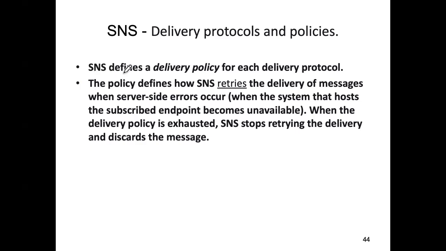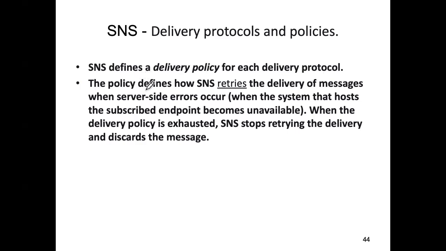So in the language of SNS, it defines a delivery policy for each delivery protocol. Now, by delivery protocol, I mean for each type of subscriber. So it has a policy of retrying to deliver a message to a subscriber depending on the type of subscriber.